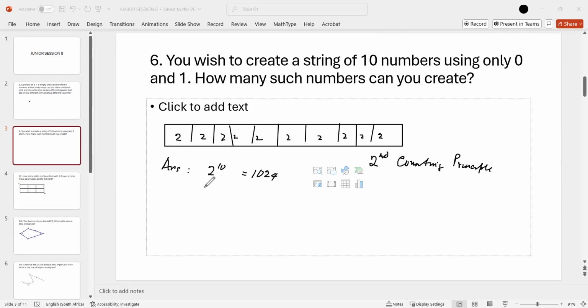Okay, now this is a very useful fact here, actually. This has got a lot to do with binary numbers. You see, if you've got 0 and 1 in an electrical circuit, the switch is either off or on.